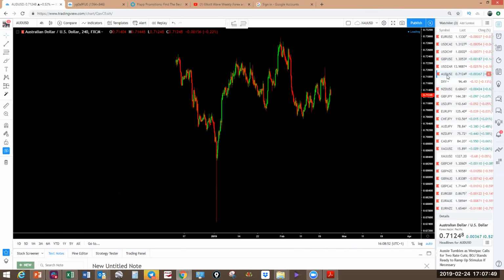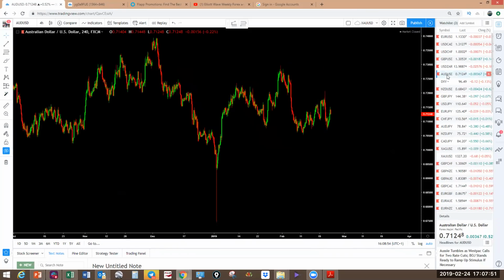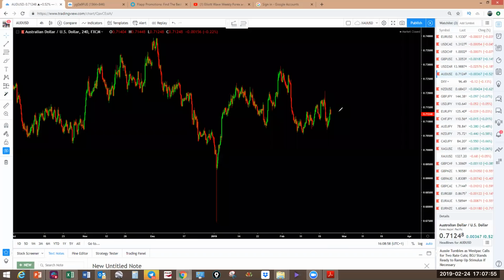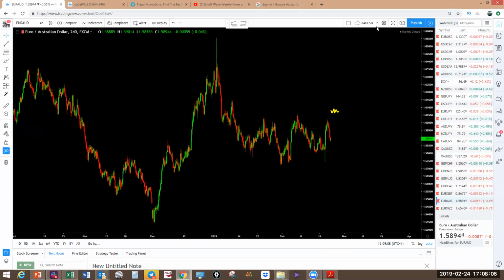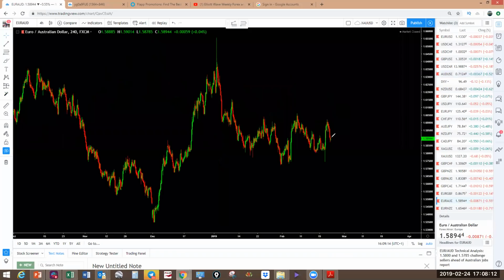Okay, so we're looking for a bit of strength in AUD in terms of correction here. So if we're looking at EURAUD, let's go back to EURAUD. Because there is expected strength in the euro, yeah, so this makes sense.